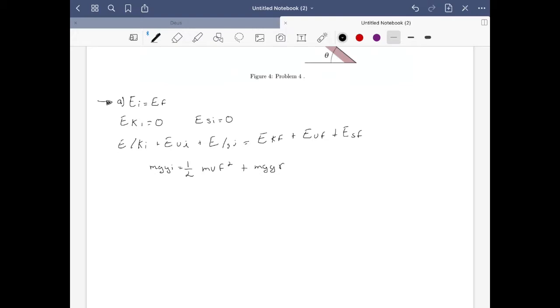And the final spring potential is 1/2 k times the distance that the spring is stretched, squared.